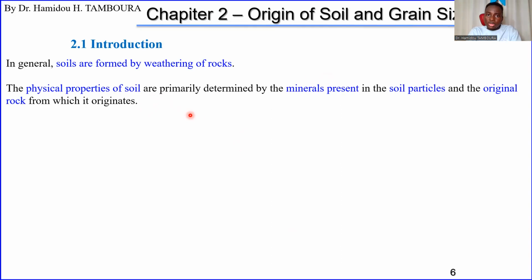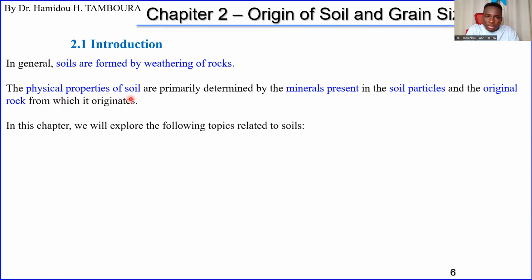So the minerals that were in the original rock from which the soil is formed, those minerals will definitely dictate the physical property of the soil.